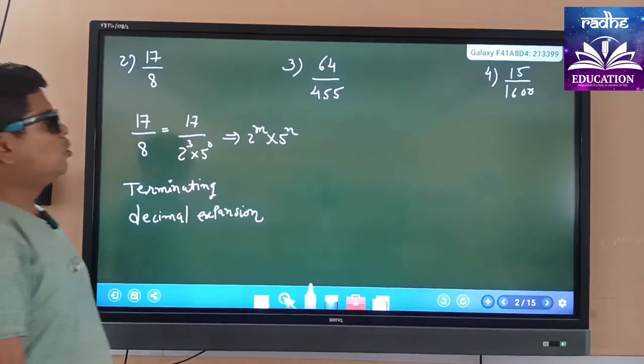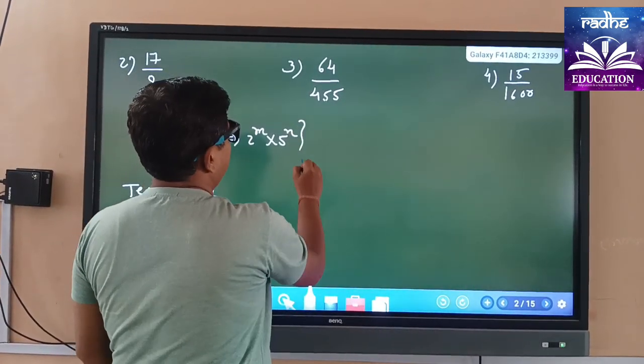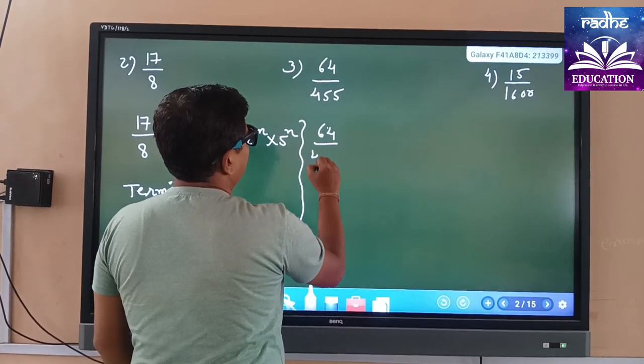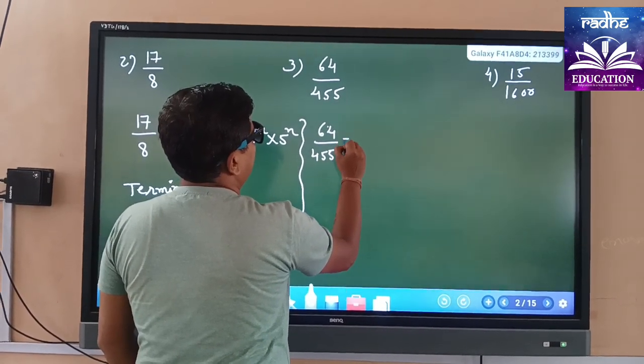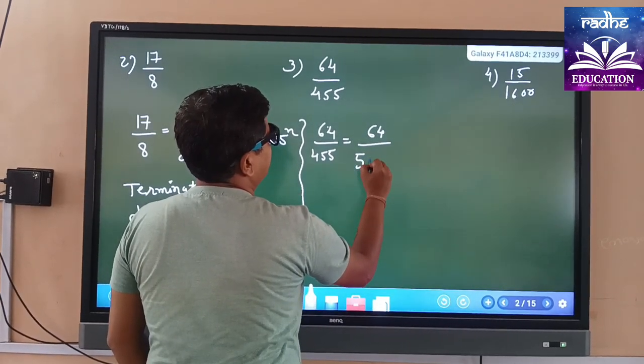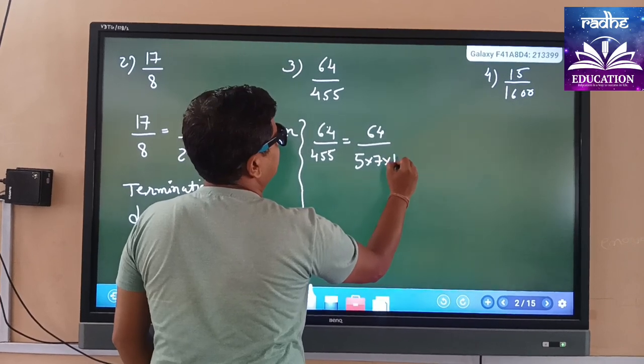We are slowly moving on to the other number, that is 64 divided by 455. The factors of 455 are 5 into 7 into 13.